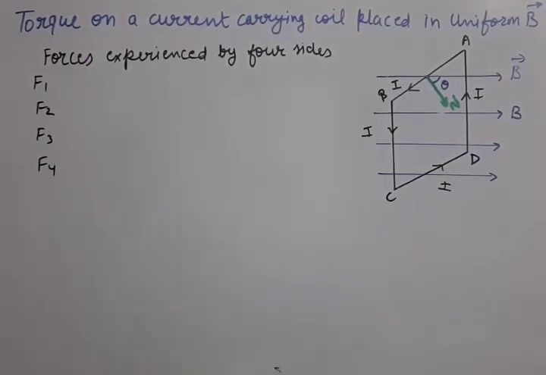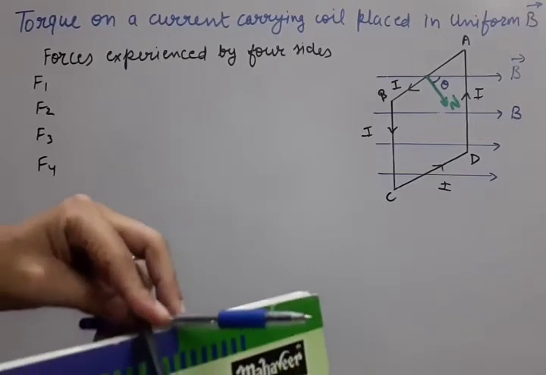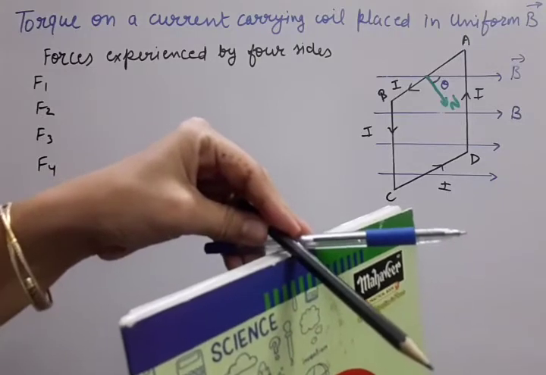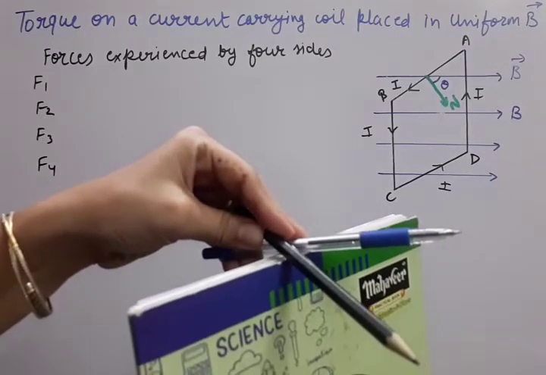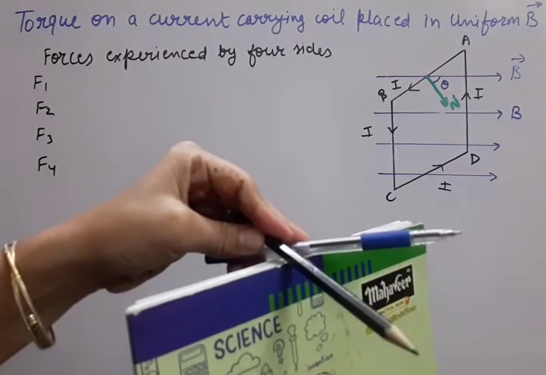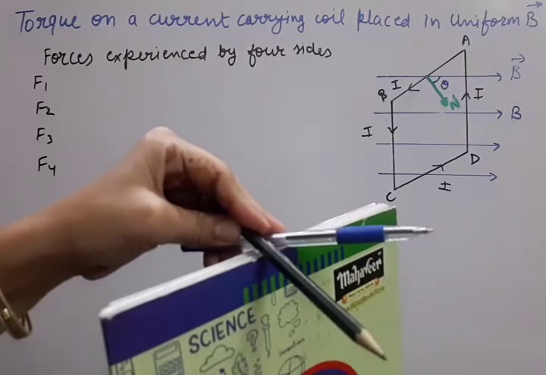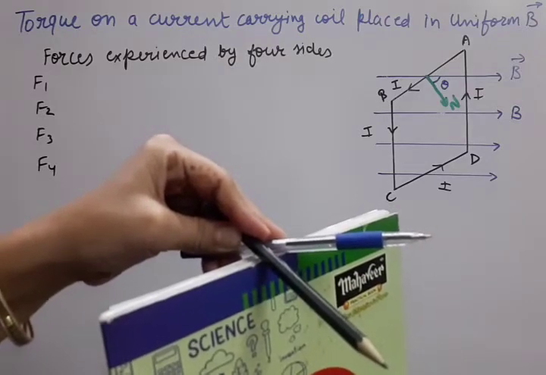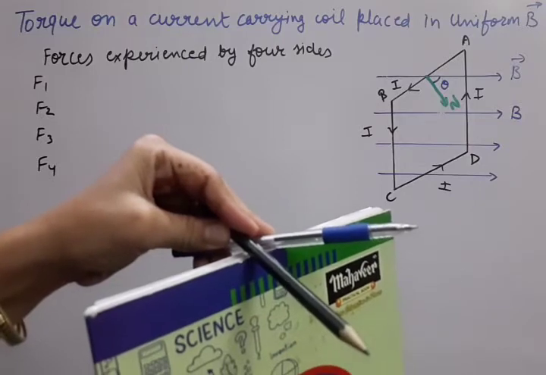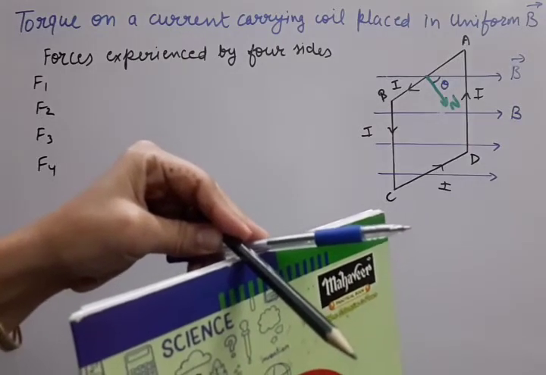So students, just see this coil. This pencil is showing the normal to the coil and this blue pen is showing the magnetic field direction. So this way the orientation is, and the angle between the normal and the magnetic field is theta. That means the angle between this pencil and the pen is theta.